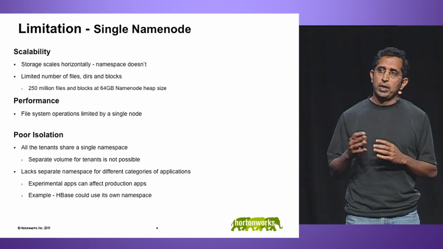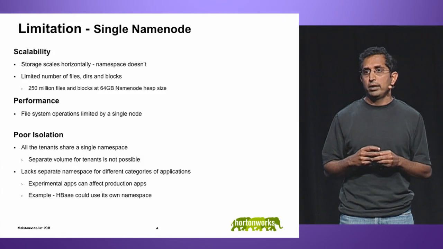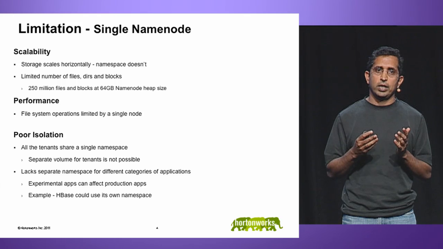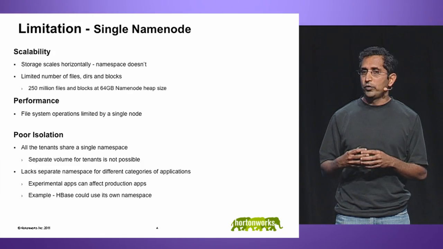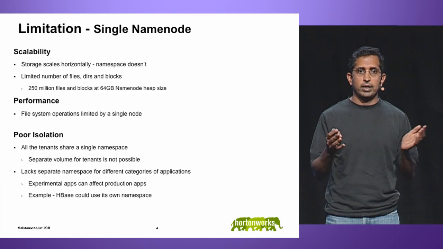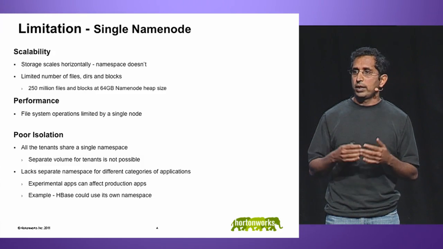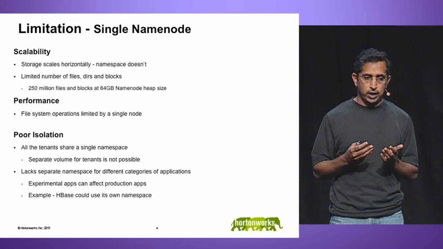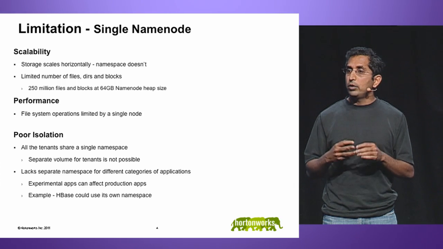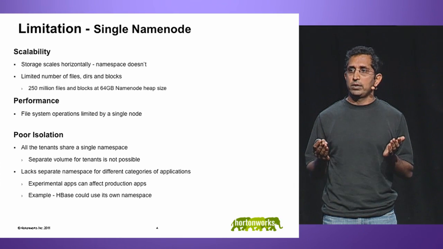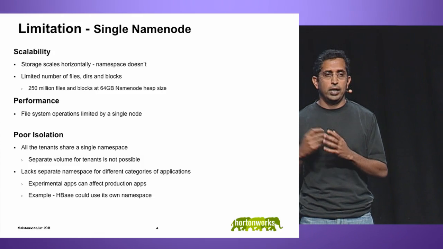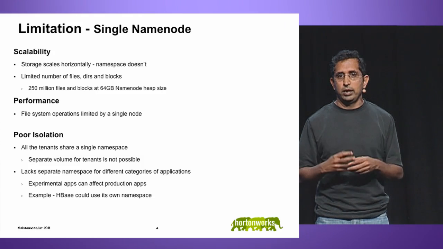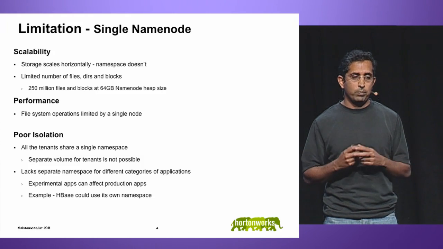The other problem is that Hadoop is typically used as a multi-tenant shared system, so you don't have your own dedicated clusters; multiple users and applications are using the same cluster, and you cannot have a separate namespace for different tenants. Maybe finance wants to have a separate name node from other applications. That is not possible.